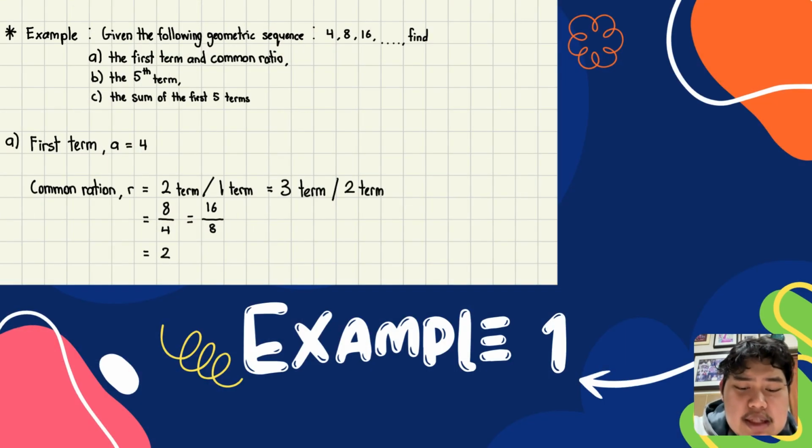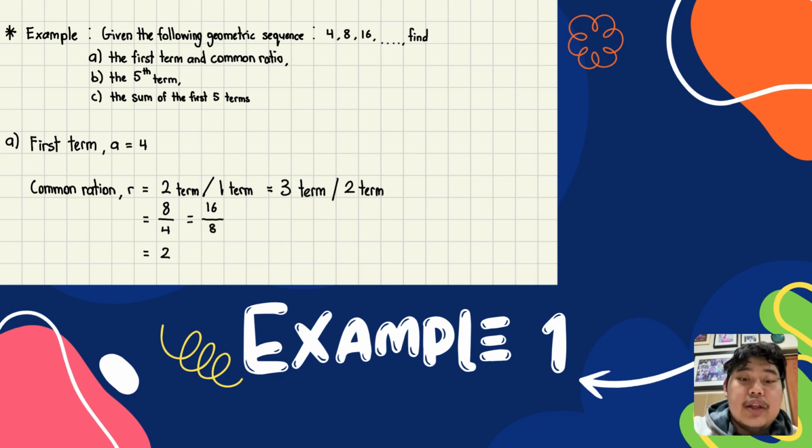So let's look at example 1. Given the following geometric sequence 4, 8, 16, find the first term and common ratio. As you can see, the first term is 4, so A equals 4. Remember, A is the first term.